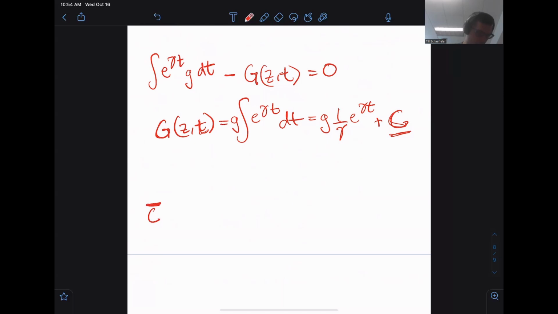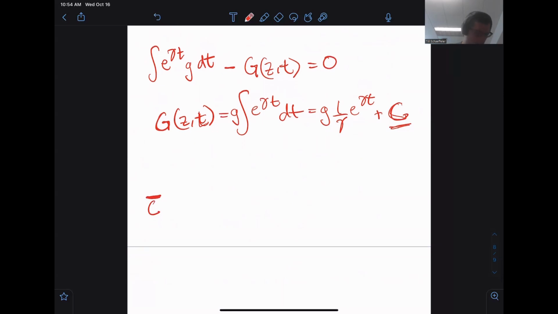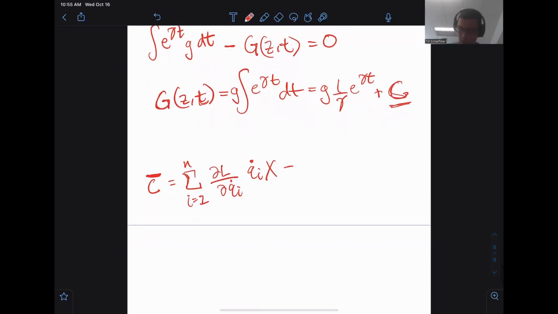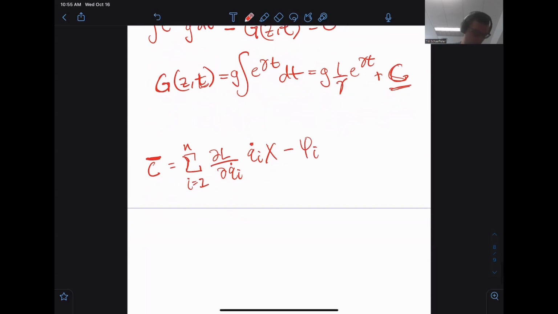The associated constant of motion is equal to the sum over all the velocities again, phi dot x, I'll tell you what x and phi are in a second, plus g.